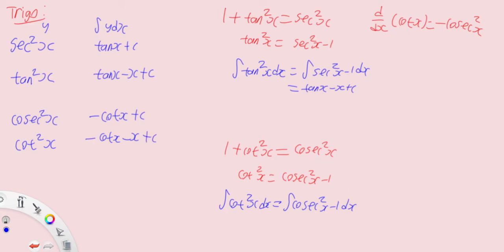And then we will arrive at this general formula, again, where we have f(x) as a linear algebraic function. So we have secant square f(x), and I think you've seen this before. So let me just put y here, and here integral y dx. So we have tangent f(x) over f prime, which is a, plus c.